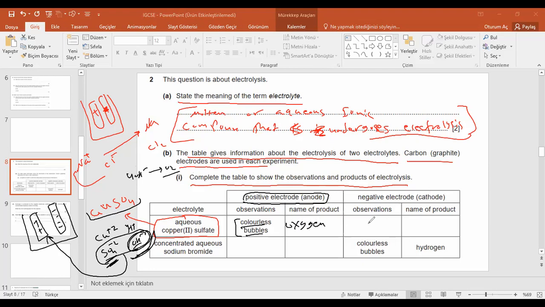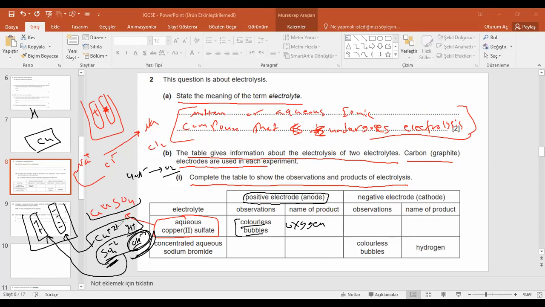Observation on the negative electrode, on the cathode. On the cathode, these two ions will go there. You must memorize the reactivity series, and if you memorize it, you will know that just beneath the hydrogen we have copper. So copper is less reactive than hydrogen.